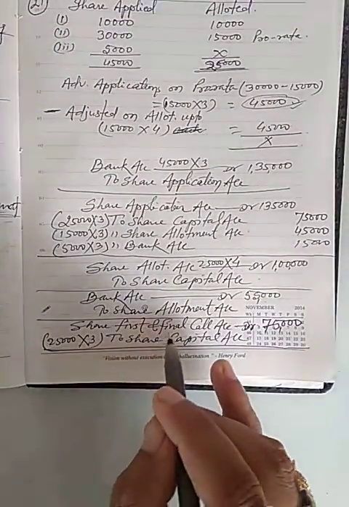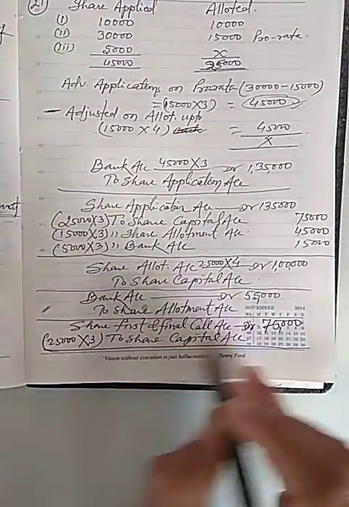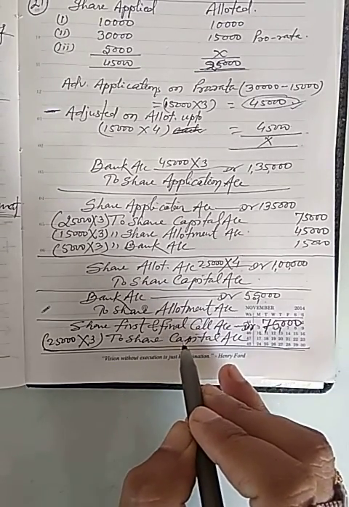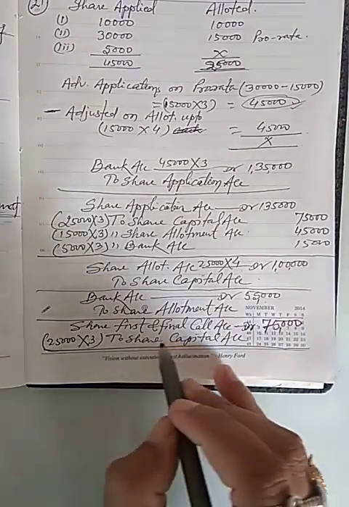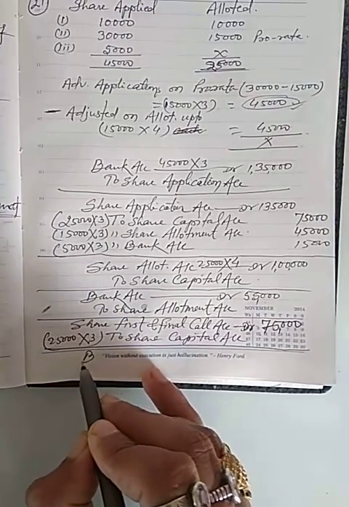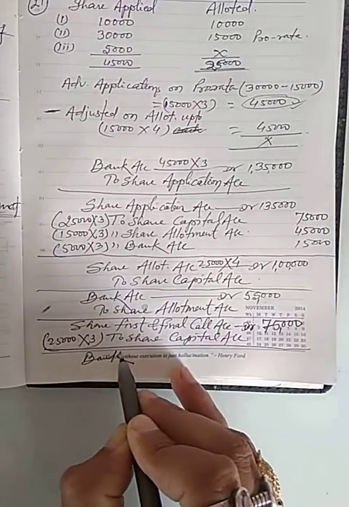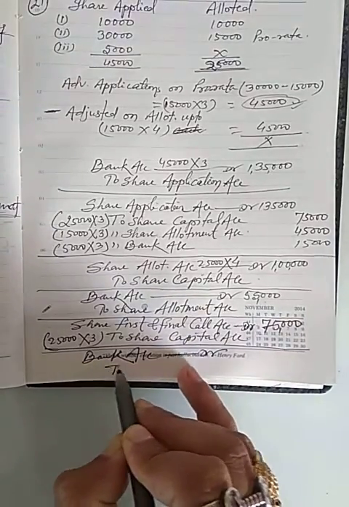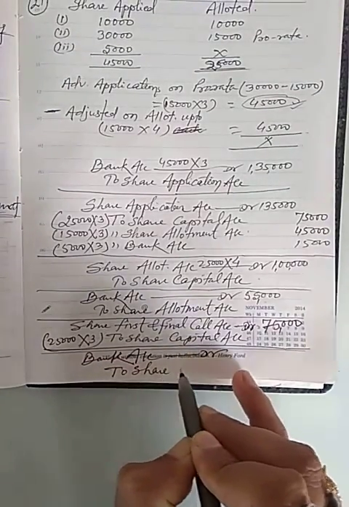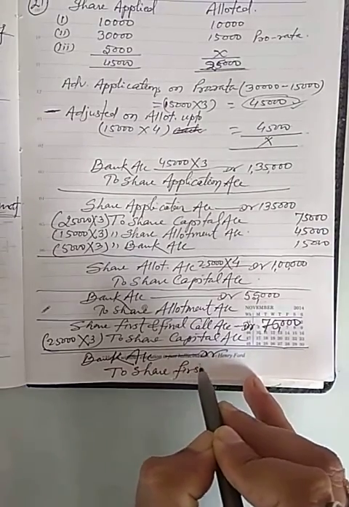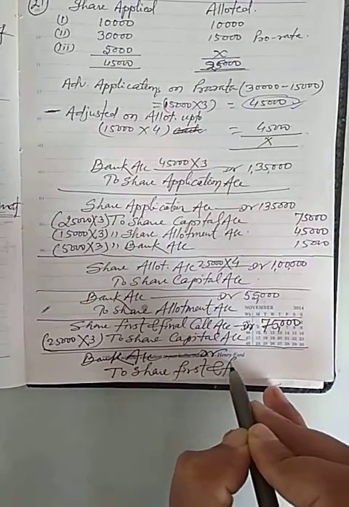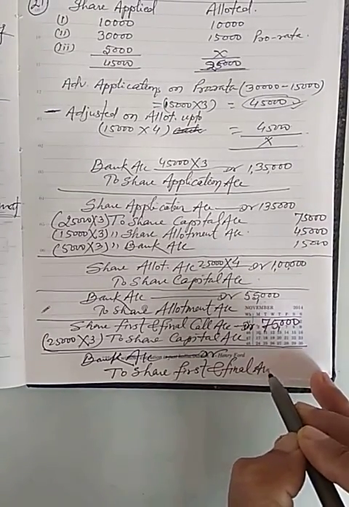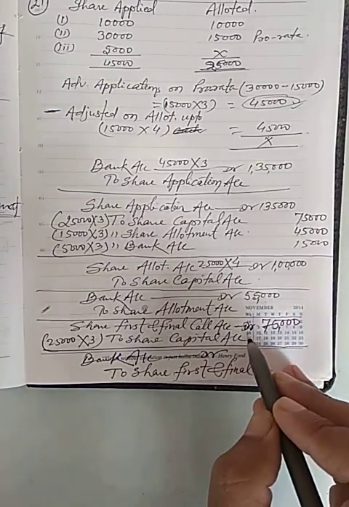Now for receiving the first and final call, the journal entry will be bank account DR to share first and final call account, and the total money will be received.